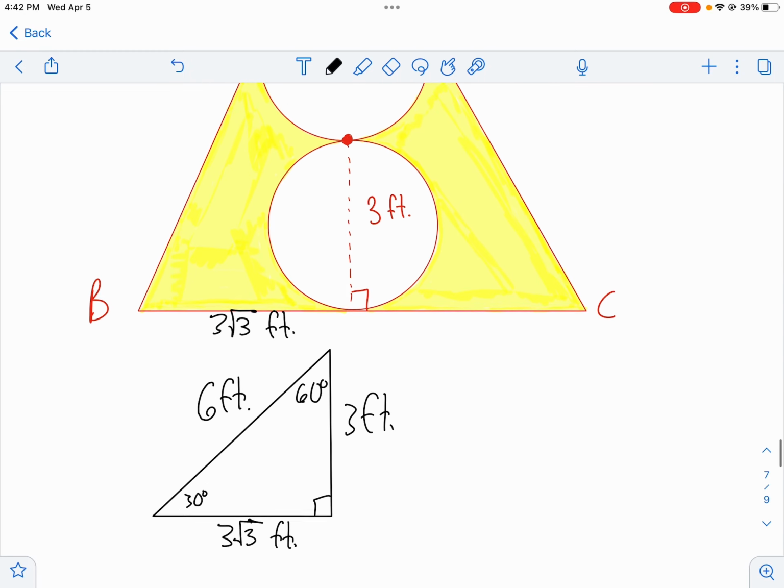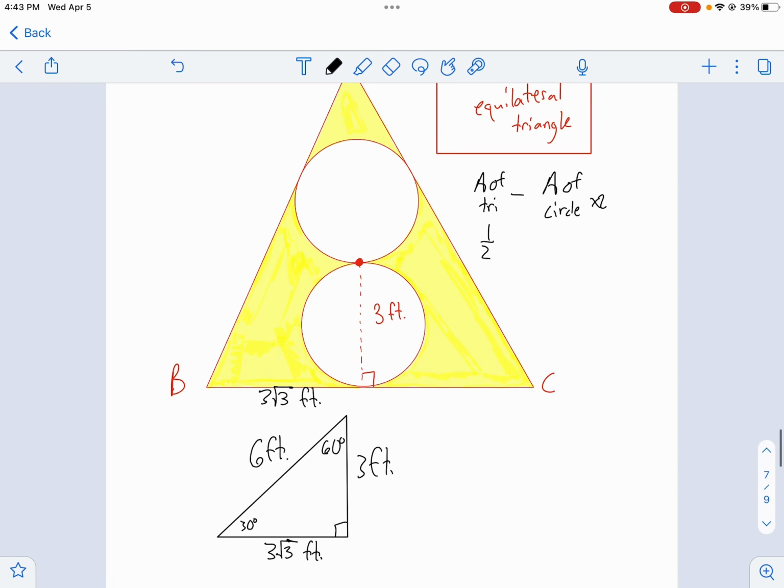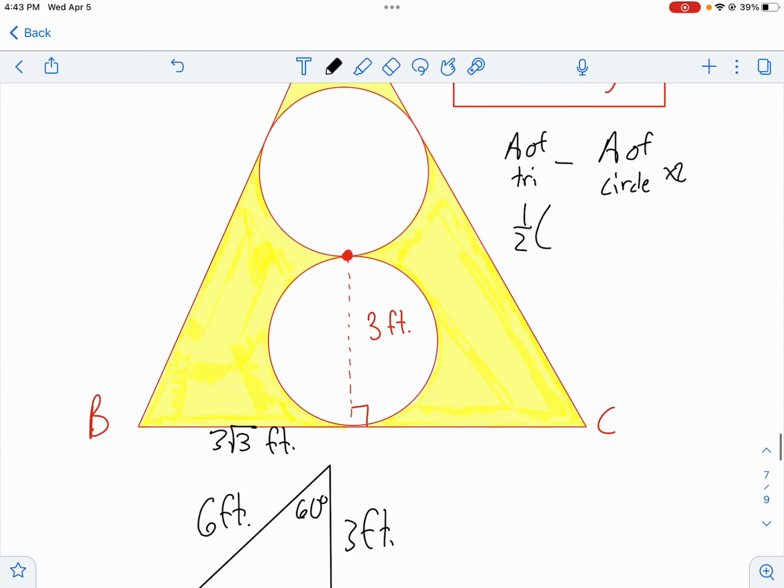So if I'm trying to find the area of this regular polygon, it's the area of the triangle, minus, for the shaded region, the area of the circle times 2, right? Because I need 2 circles. So the area of the triangle would be 1/2 times the apothem, which is 3 here.